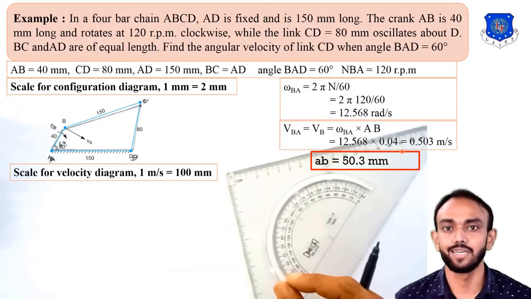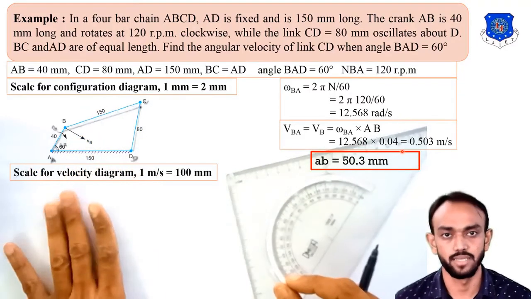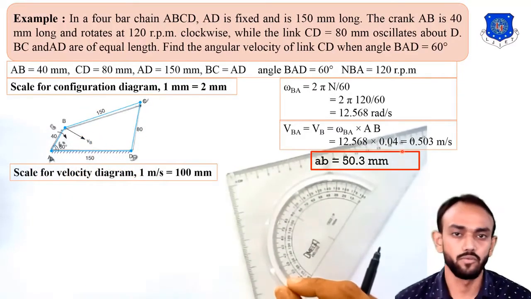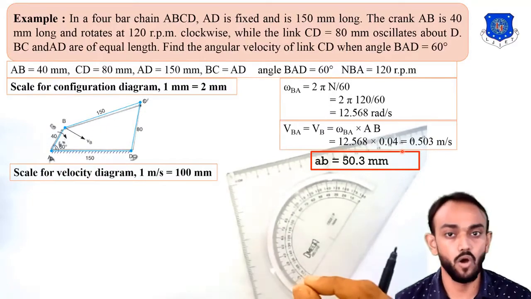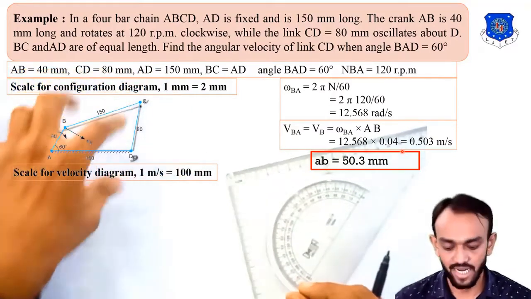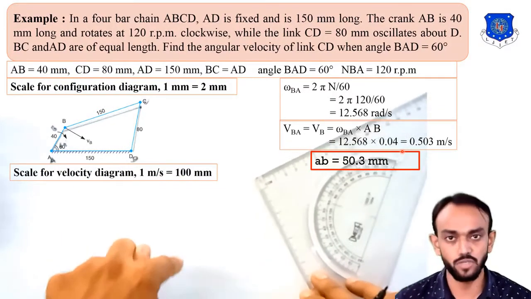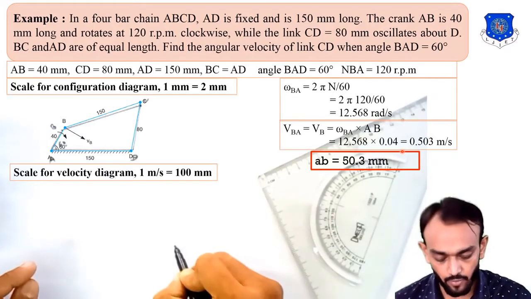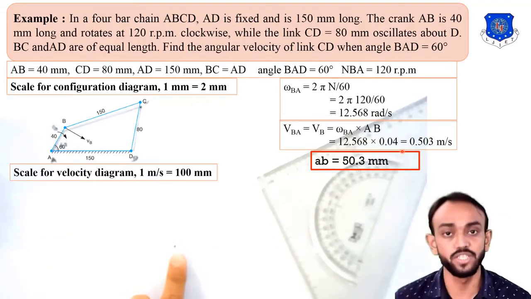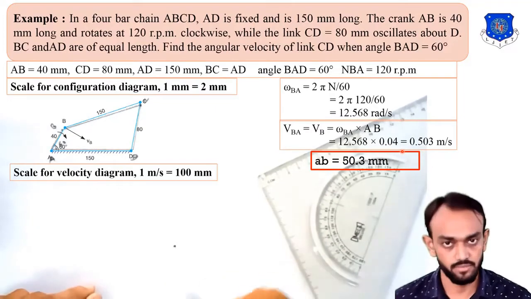So let's start to draw the velocity diagram for this mechanism. Rule number 1, everyone should remember: all the fixed points in the space diagram should be at the origin point in the velocity diagram. So how will you draw the velocity diagram? First of all, take one point which is the origin or reference point for all other links.